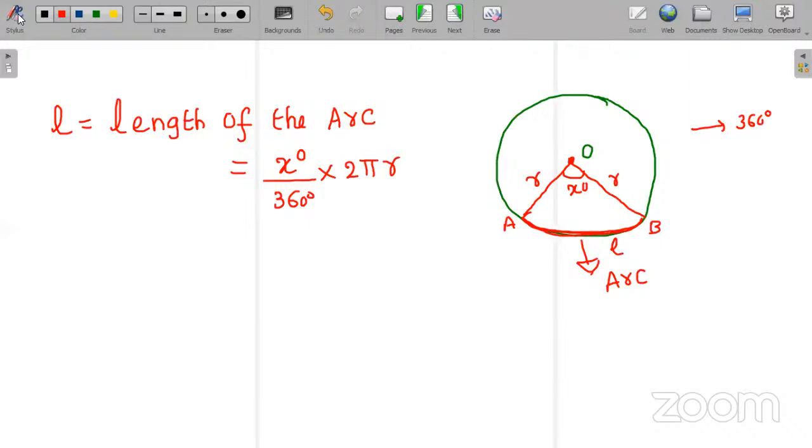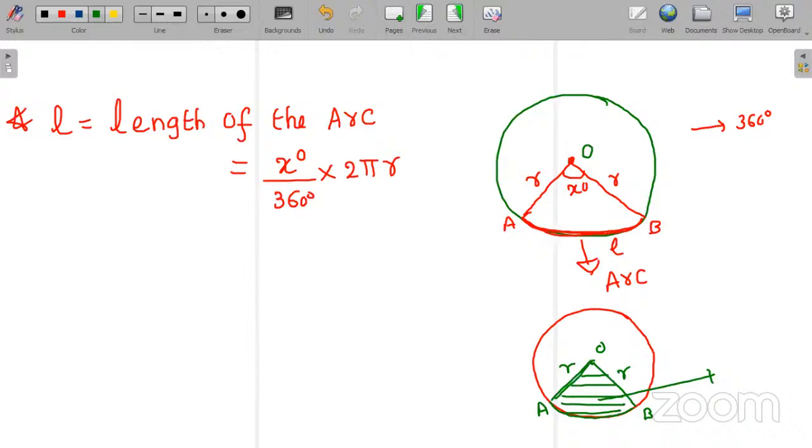So now, my dear students, remember one more concept. For example, this is a circle. This is the center of the circle. Say, for example, AB is the arc. Now, the arc and also these radii, this portion is called a sector. If you want to find the perimeter of the sector, it is the length of the arc L plus r plus r.